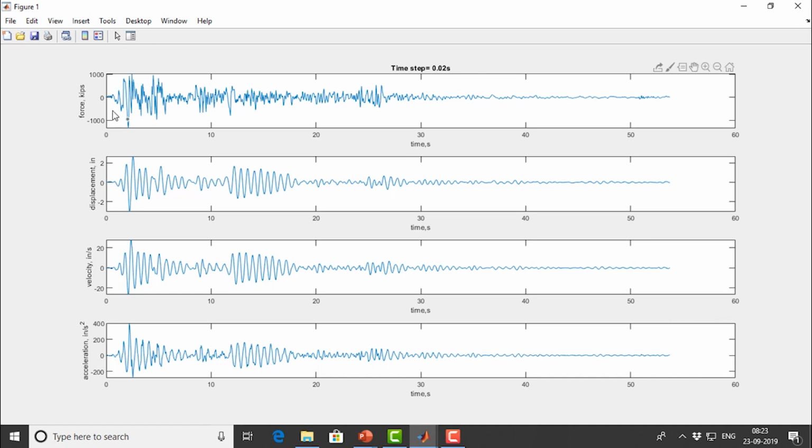So irrespective of the nature of the forcing function, we can calculate the response numerically using this method. But this method using the interpolation of the excitation is valid only for linear systems. So it is not suitable for nonlinear systems.